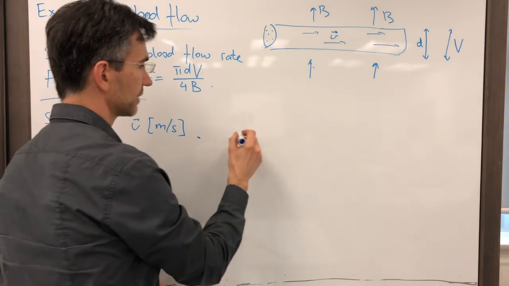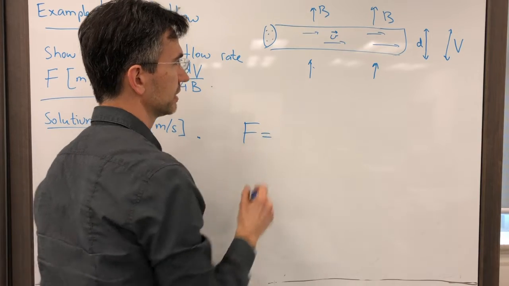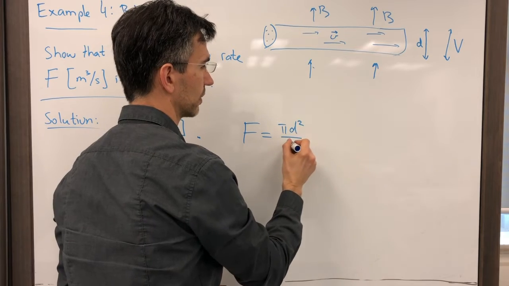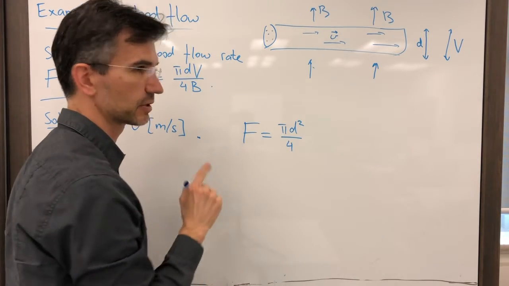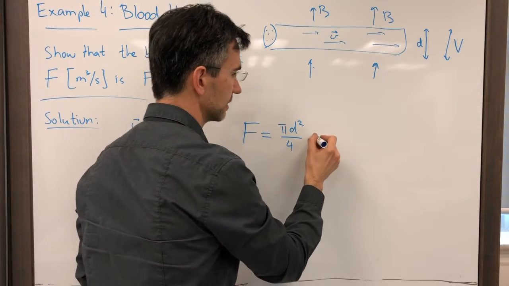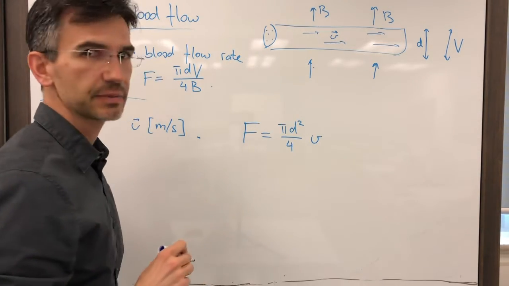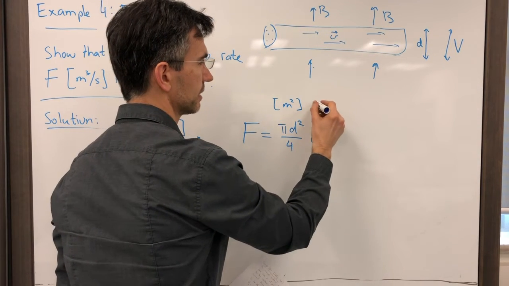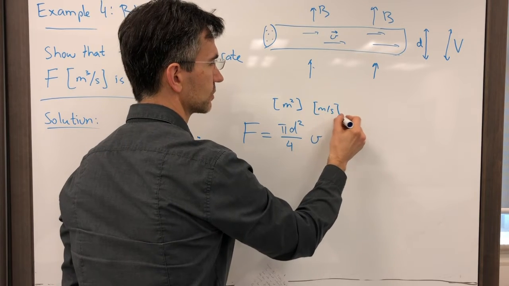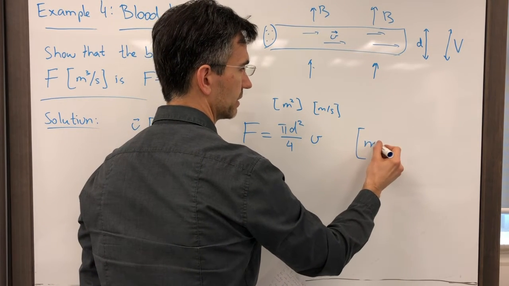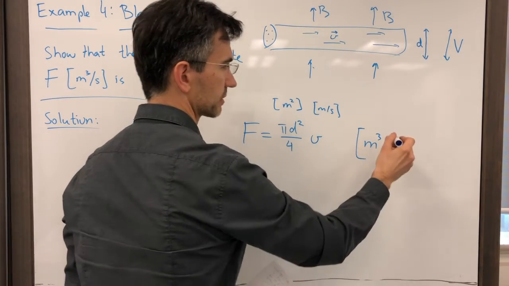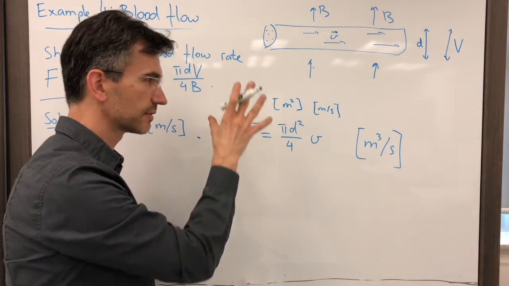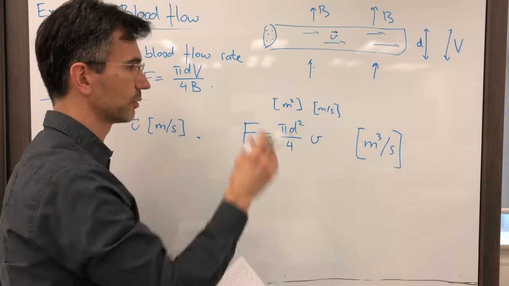So the blood flow rate, F, is going to be the cross-sectional area, pi d squared over 4, in units of meters squared, times the velocity, v, in meters per second. And again, the units here are meters squared and here meters per second, so as we expect, the blood flow rate is going to be in cubic meters per second. This was a critical equation that we had to consider, how it comes about from what we're given.